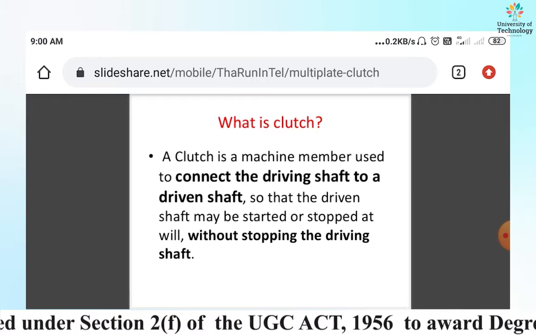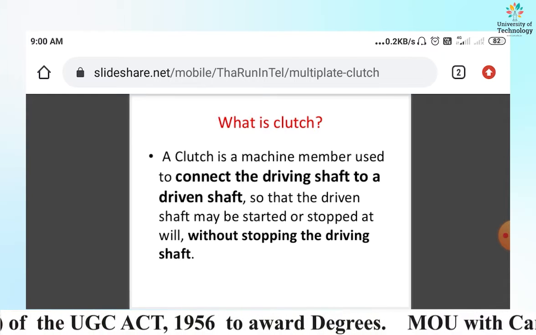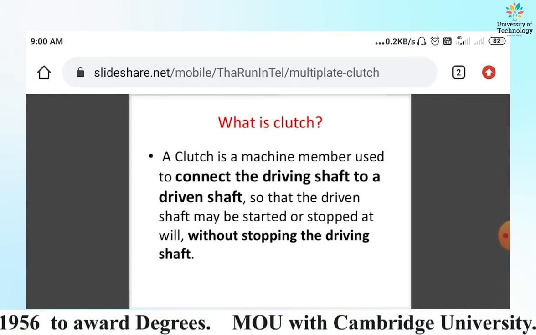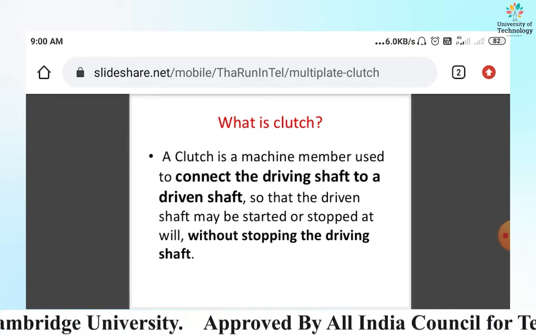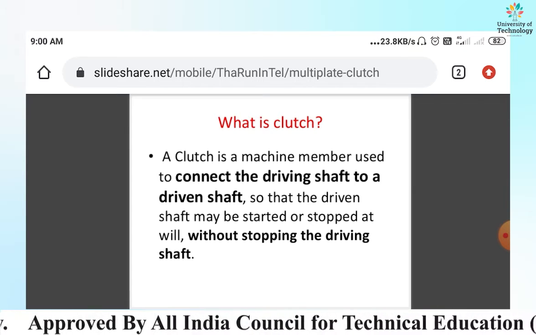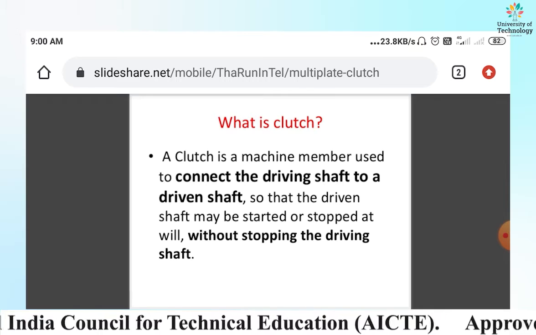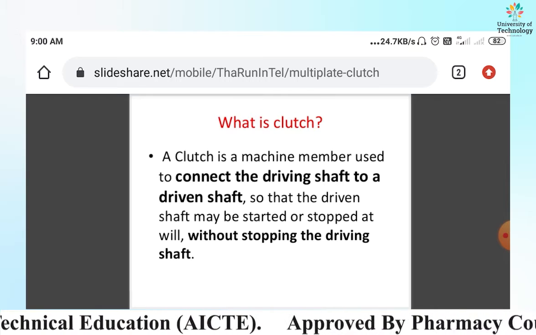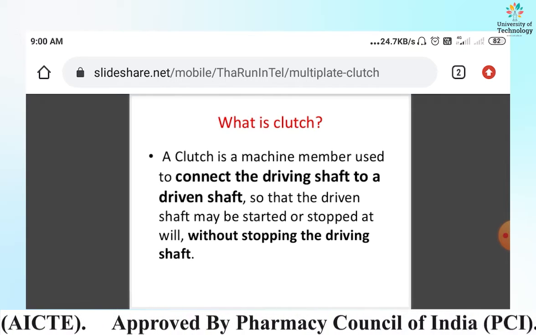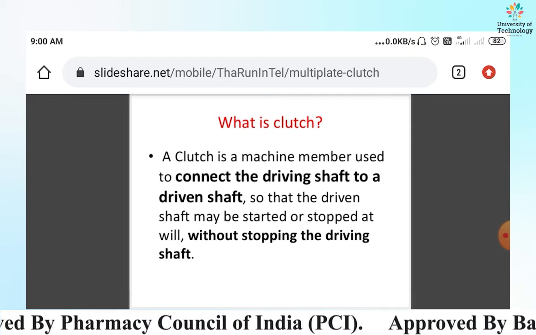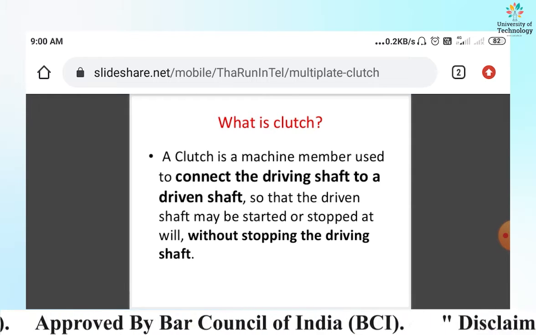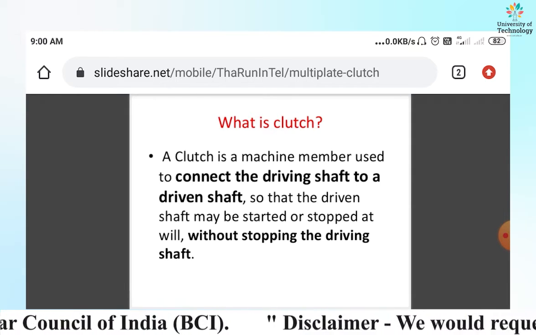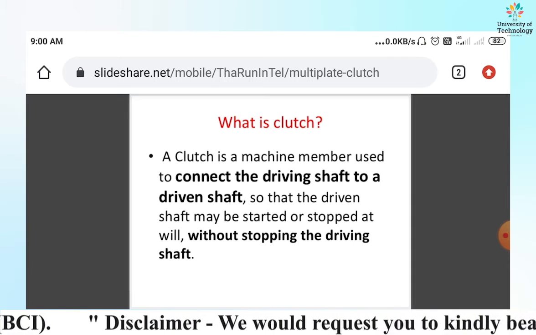What is a clutch? In the previous lecture, I explained the single plate clutch. Now we will discuss the clutch again.